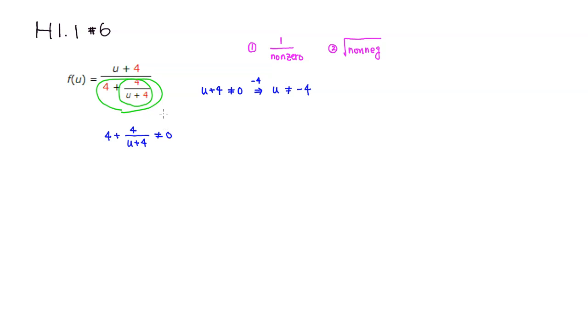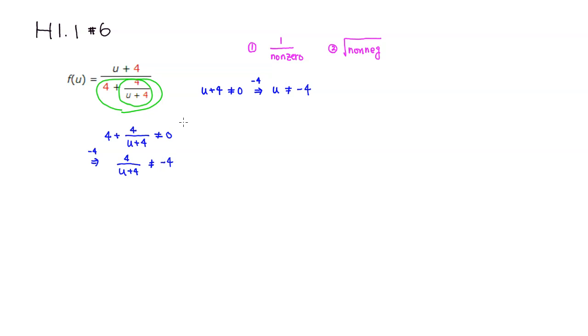Then what we can do is try to isolate u from here. I'm going to put 4 on the other side, so let's subtract 4. So you have 4 over u plus 4 cannot be equal to negative 4.